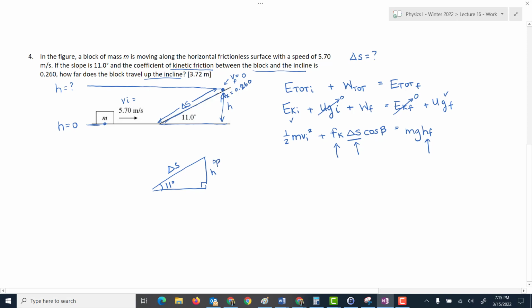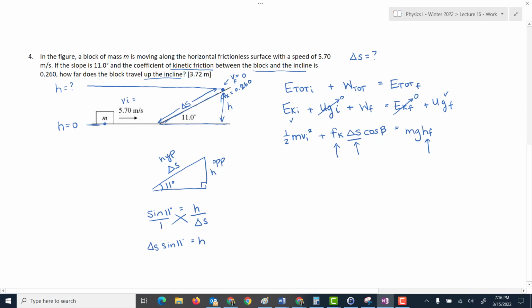H is our opposite side, delta S is our hypotenuse. And so we would use sine. Sine of our angle, 11 degrees, is equal to opposite, which is H, over hypotenuse, which is delta S. And if we cross multiply, we get delta S sine 11 is equal to H, because there's a 1 under here, so we're cross multiplying.